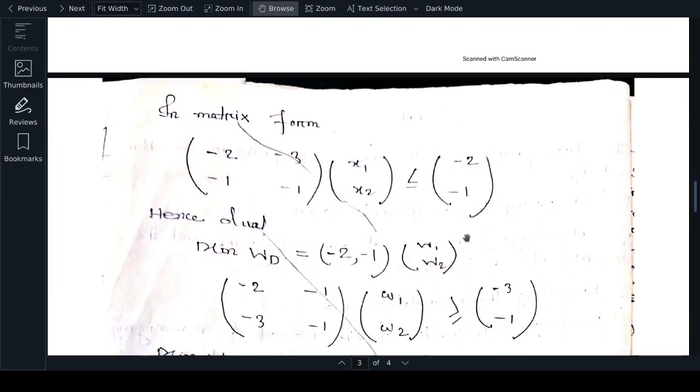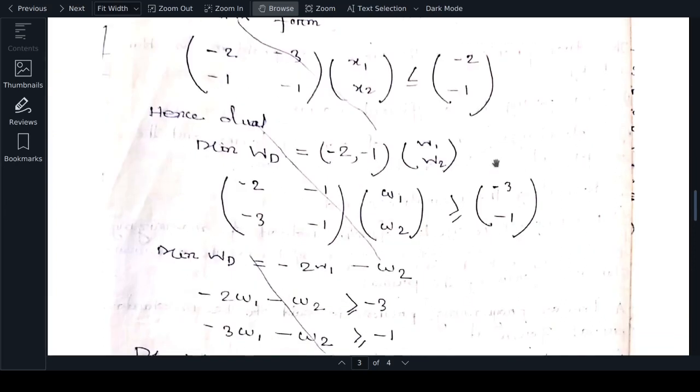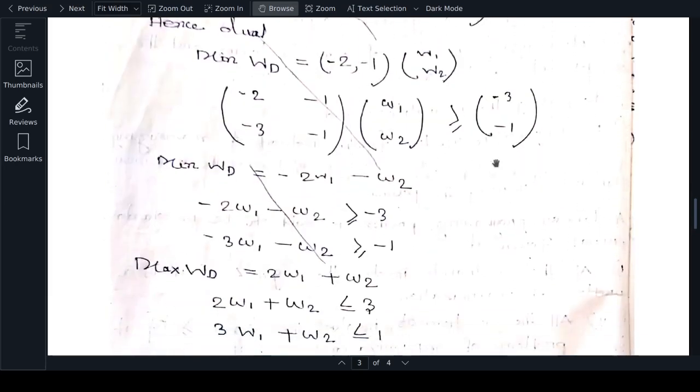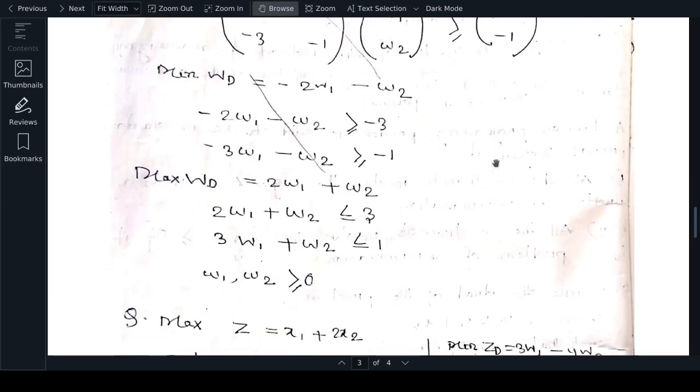Its dual will be max z, or you can write w or z. So max zd equal to what do we write? Here there may be some mistake, for this reason I have cut and written directly.